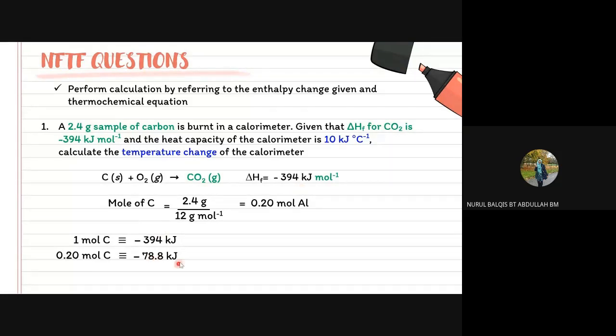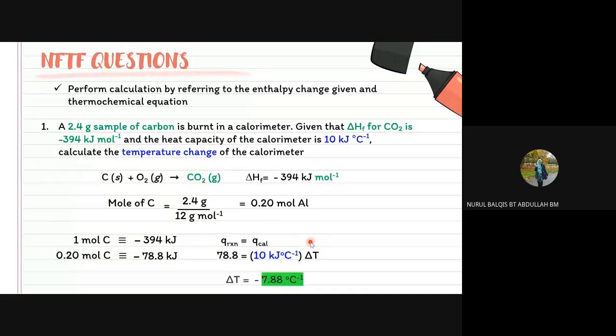So this is going to be your Q reaction. Then if you relate to the setup, you have only Q calorimeter. Because you want to find delta T only, not the final or initial temperature, you can simply take out the negative sign from your substitution and then calculate. Do you need to change 78.8 kilojoule to joule? No need, because your C already has a k, so you can just cancel them out.